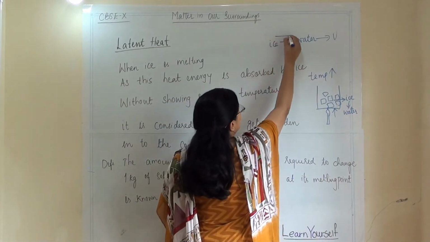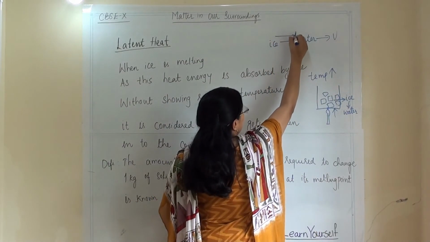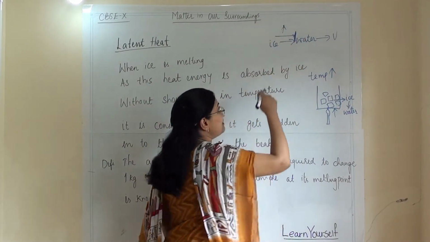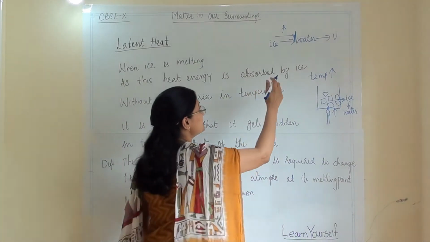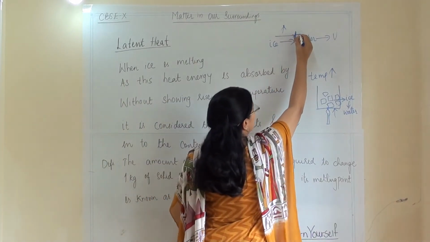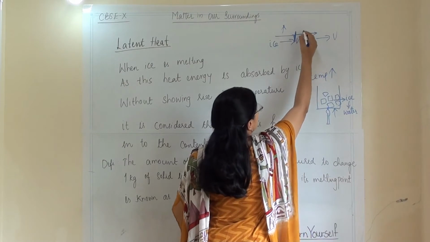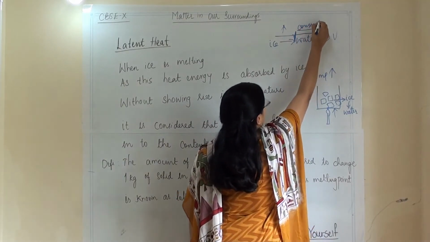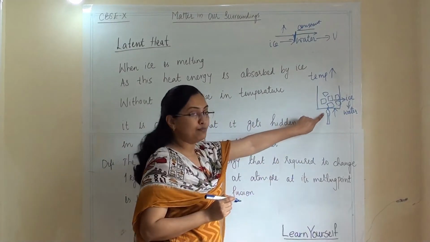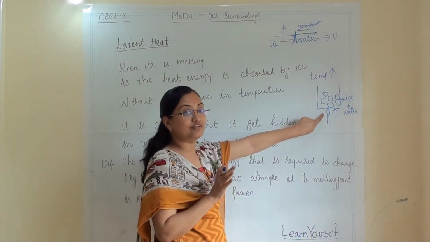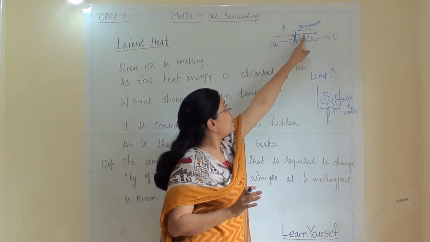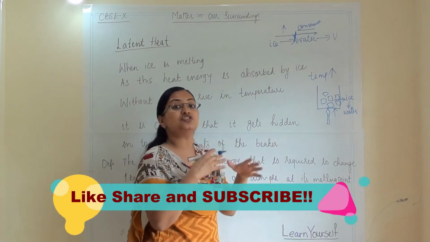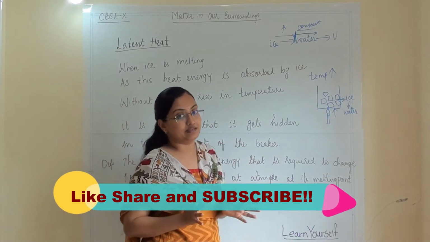So when it has started melting, till now the temperature will rise, but once it has started melting, the temperature will remain constant. Even though we are giving energy, we cannot see any rise of the temperature until each and every ice will melt.